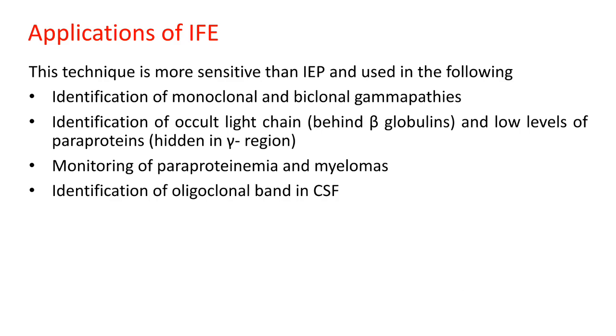The applications of immunofixation electrophoresis are: this technique is more sensitive than immunoelectrophoresis and is used for identification of monoclonal and biclonal gammopathies, and identification of occult light chains and low levels of paraproteins. In immunoelectrophoresis, these light chains and low levels of paraproteins are hidden in the beta globulin region or the gamma globulin region, so by using this technique we can identify those also.